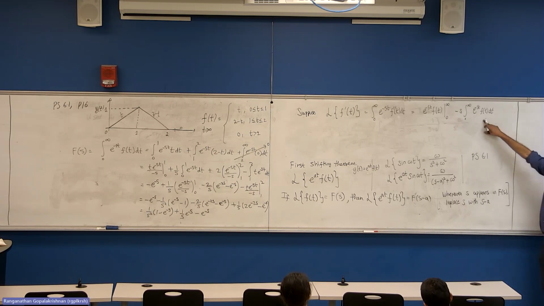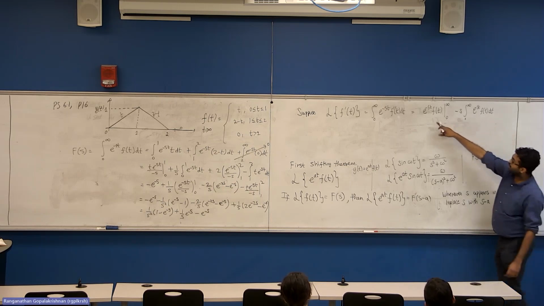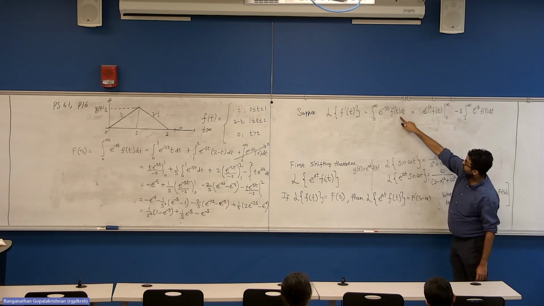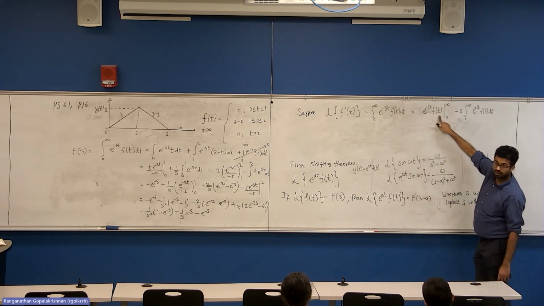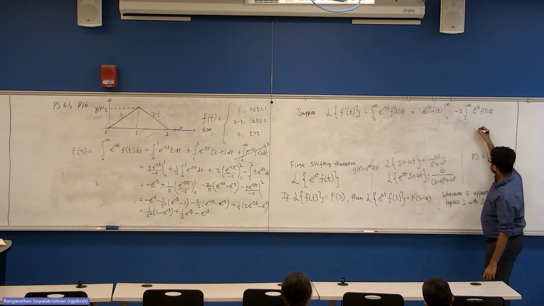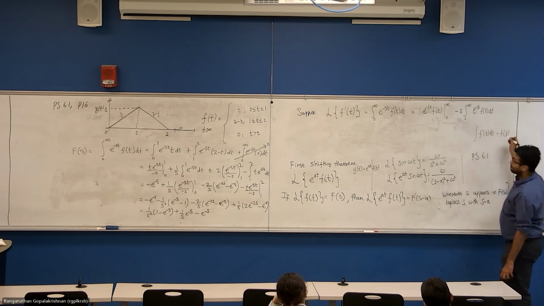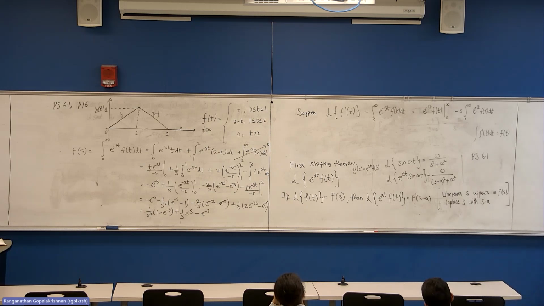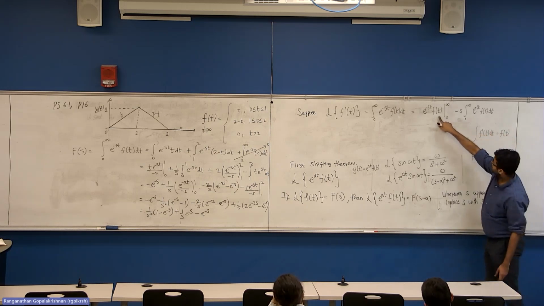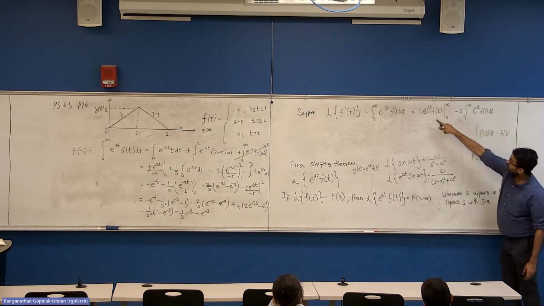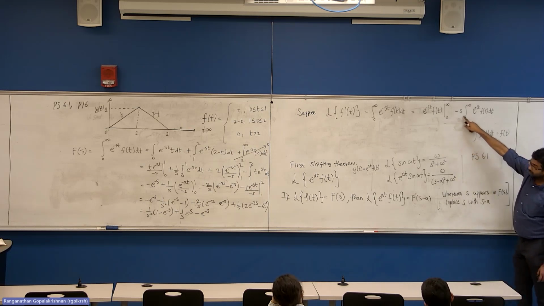Are you okay with this? I did integration by parts, so I integrated this function for which I got f of t. That is like saying the integral of f dash of t dt is f of t. That's the definition of integral, right? So I have f of t, and then I have to differentiate the other function with respect to t.